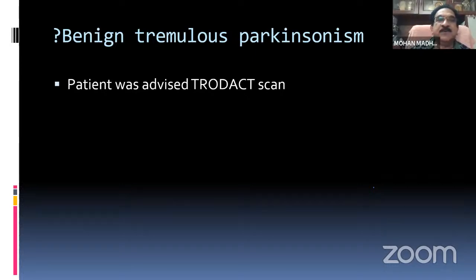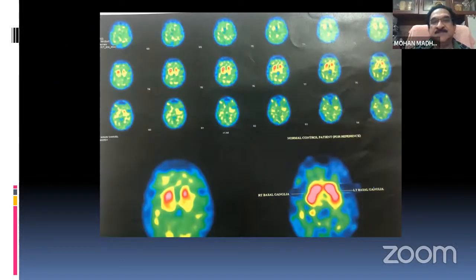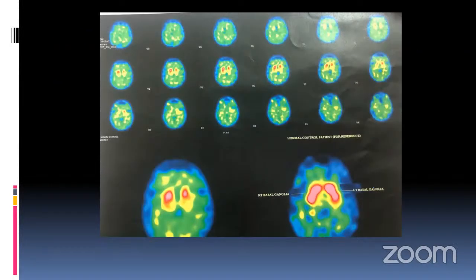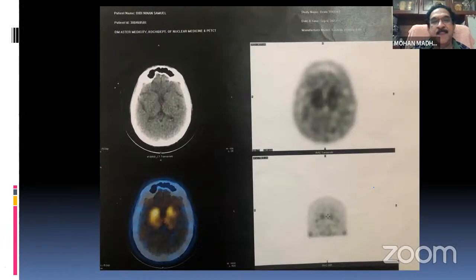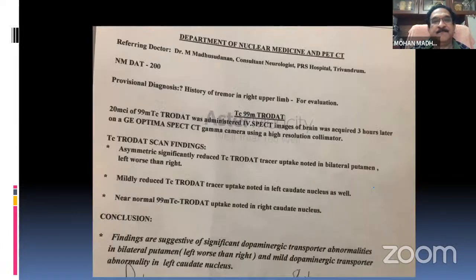The patient was advised a DaTscan, which showed decreased uptake on the left side. It showed significant dopaminergic transporter abnormalities in bilateral putamen, left worse than the right.